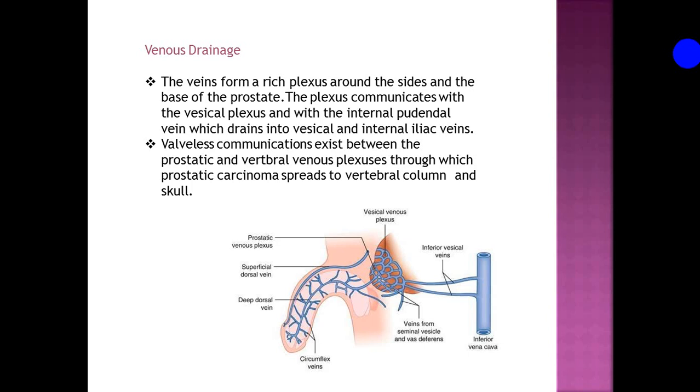The plexus communicates with the vesical plexus and with the internal pudendal vein, which drains into the vesical and internal iliac veins. Valveless communications exist between the prostatic and vertebral venous plexus, through which prostatic carcinomas spread to the vertebral column and skull.